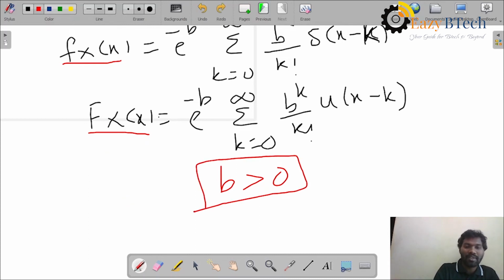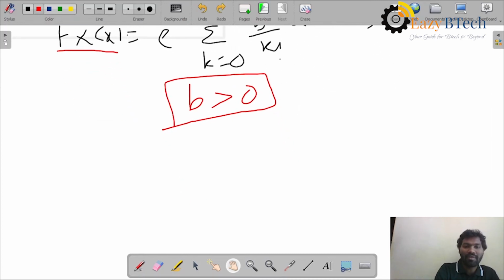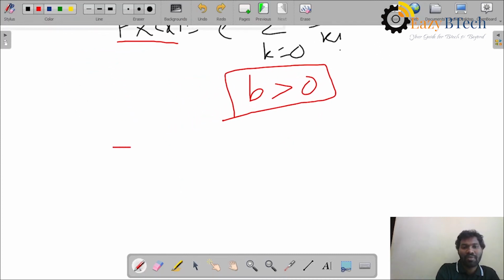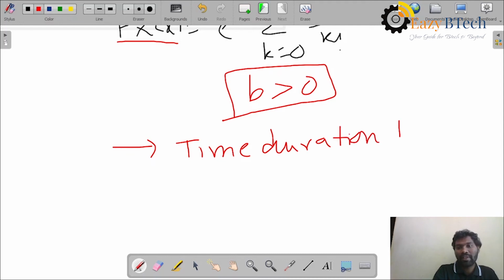In some cases they give you the time duration t and the average rate lambda.